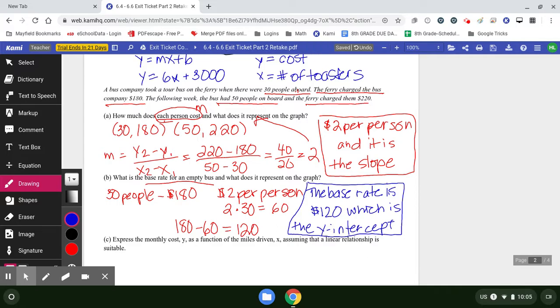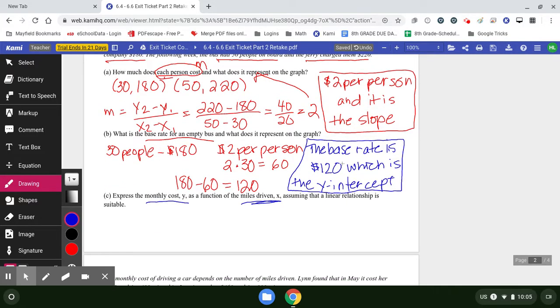So express the monthly cost, y, as a function of the miles driven, x, assuming that a linear relationship is suitable. That just means I can use y equals mx plus b. That's linear. My slope is 2. My b is 120. Now I'll write my equation, y equals 2x plus 120.